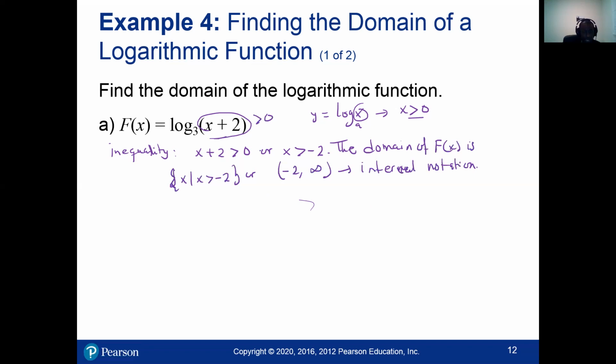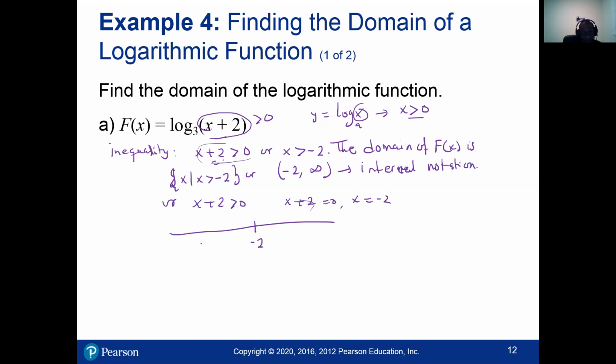Solving this inequality is just moving the +2 to the right-hand side, and that gives me that. Or if I use the number line, first you have x plus 2 equal to 0, so x is equal to -2. Then you test on each side which one is positive.